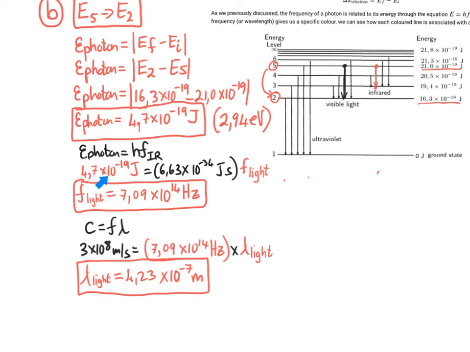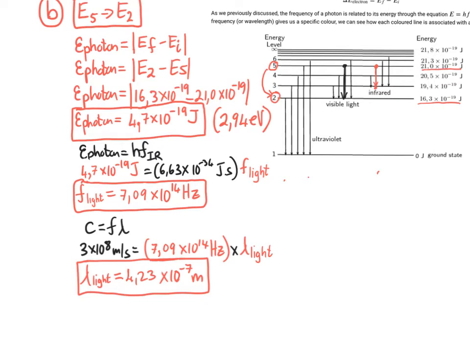Substituting that into Planck's equation for the energy of a photon and dividing by 6,63 times 10 to the minus 34 on both sides, we get that the frequency of the electromagnetic radiation associated with the photon given off is 7,09 times 10 to the 14 hertz. Note that this transition falls within visible light.